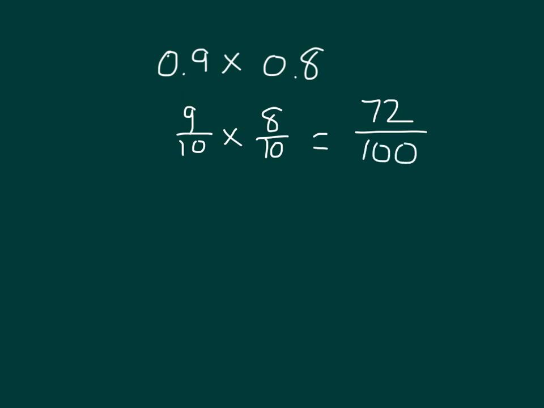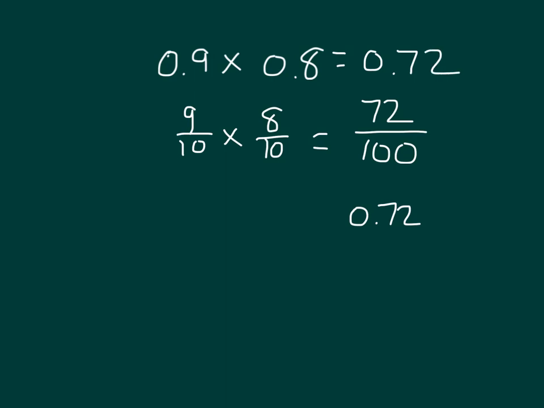The reason we're not simplifying these is because now we have 100 in the denominator, and I can just read this as 72 hundredths. If I had simplified it, then I would get something else in the denominator, and it would not be as easy to write it into that decimal form. So I have 0.9 times 0.8 equaling 0.72.